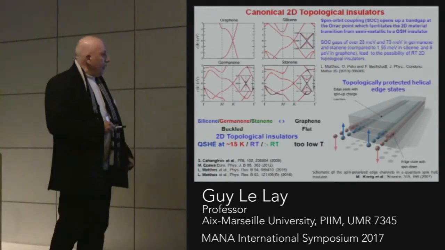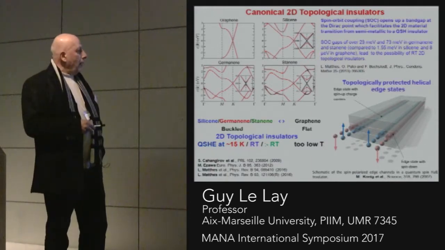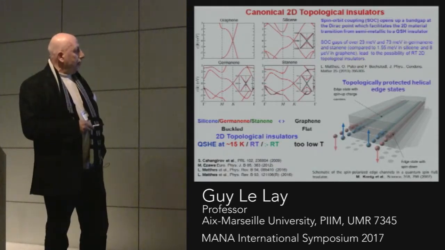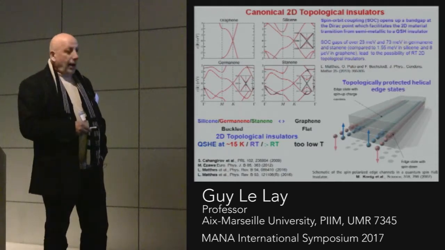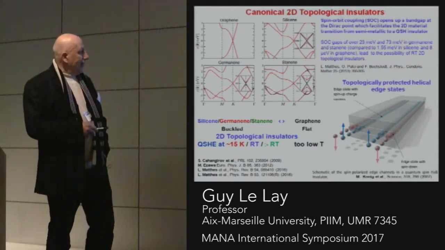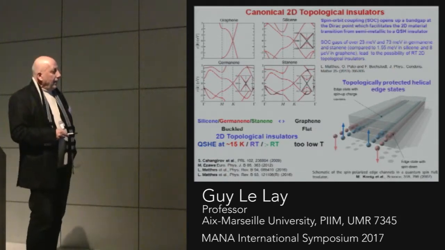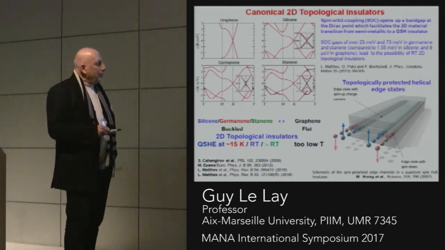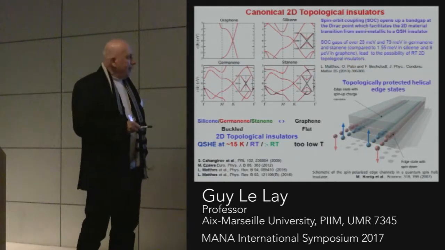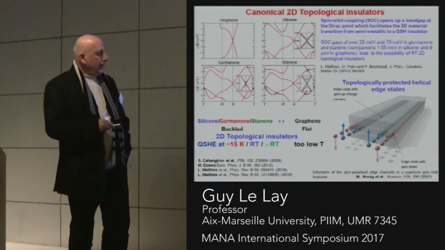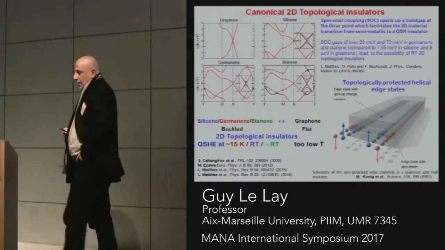So the quantum spin Hall effect is robust up to something like 15, 16 kelvin for silicene, nearly room temperature for germanene, and higher than room temperature for stanene. And indeed, this could be extremely interesting, for example, in this cartoon, to have dissipationless transport on the edge of a ribbon.